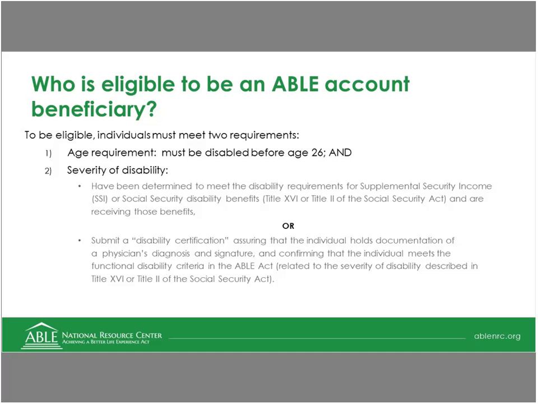Now let's say that you meet the age requirement, but for whatever reason you are not currently a beneficiary of SSI or SSDI. You may still be eligible to open up an ABLE account.